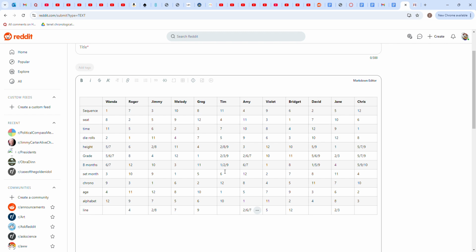I forgot this one. We've established that Tim is the youngest, which means we can eliminate this 1 from this portion. Although we should have eliminated that far sooner, when we found out that Violet was born in January.